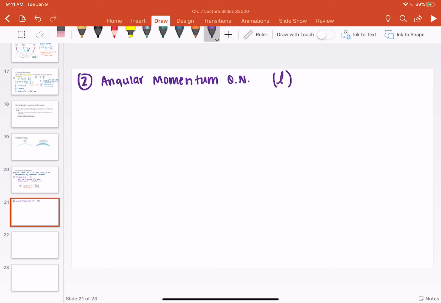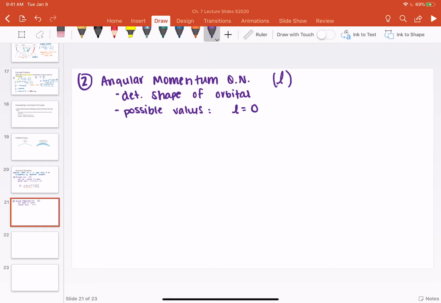And the angular momentum quantum number determines the shape of an orbital. And the possible values of L could range from 0 all the way up to n minus 1.